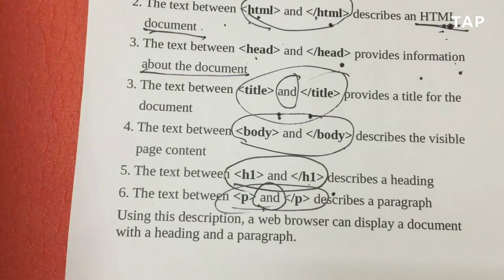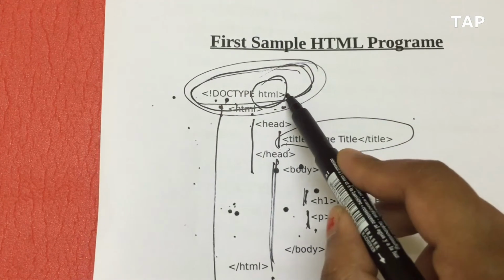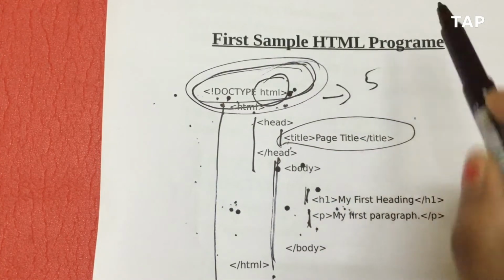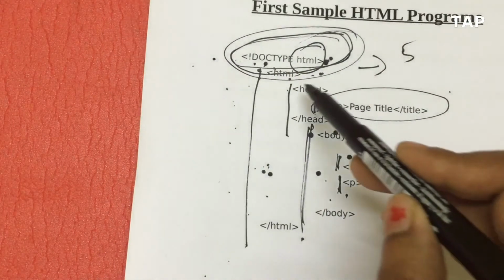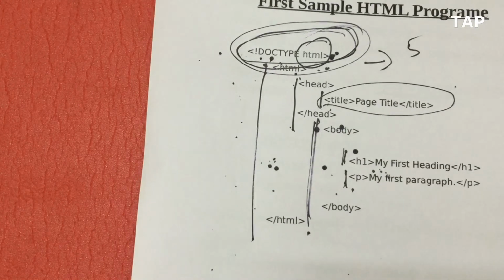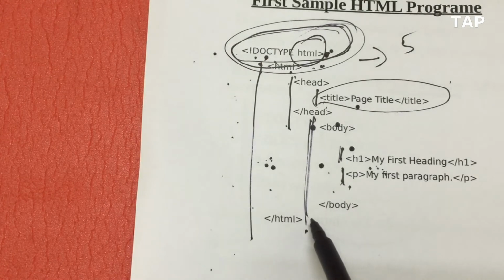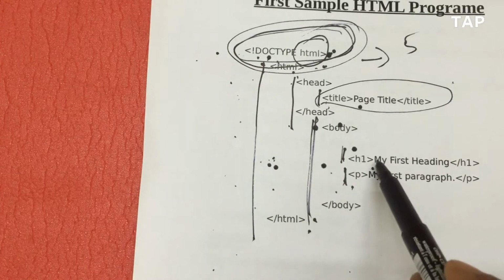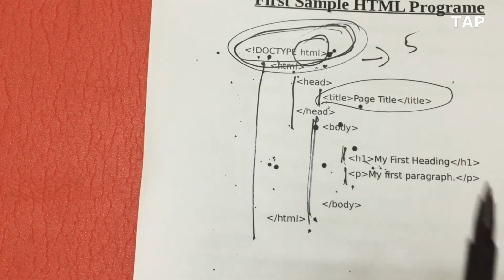Correct? Now when we take this program, it will be clear that first we are telling the browser what type of document it is and what the version of it is. This is my HTML file. After that I start the head part, and in the head part I give a title to the web page. Then I start my body, which describes the page, and inside the body I give headings and paragraphs.